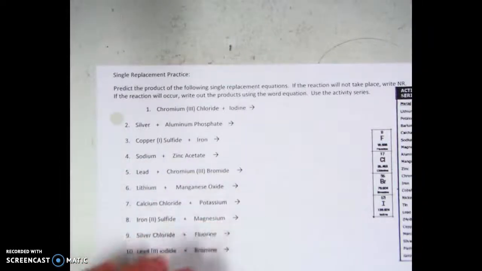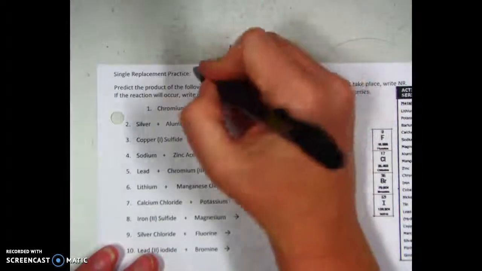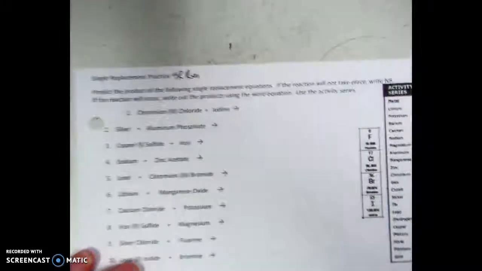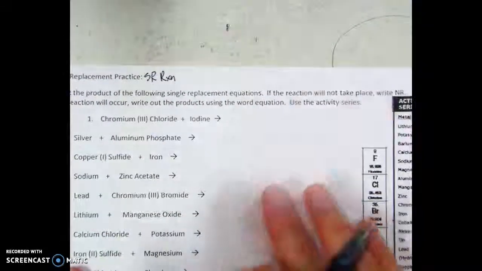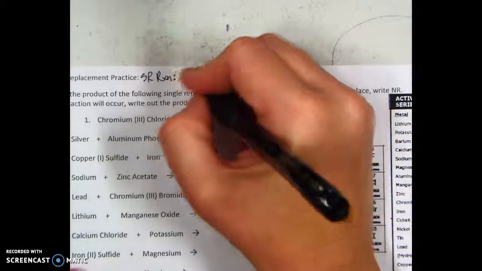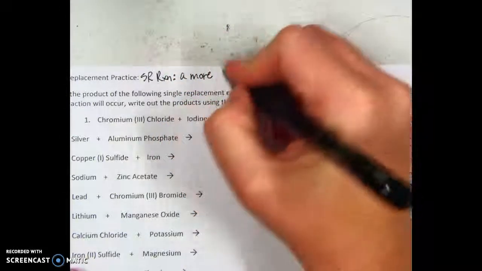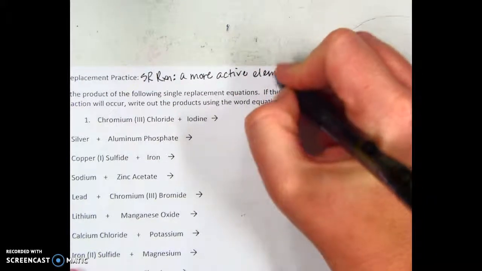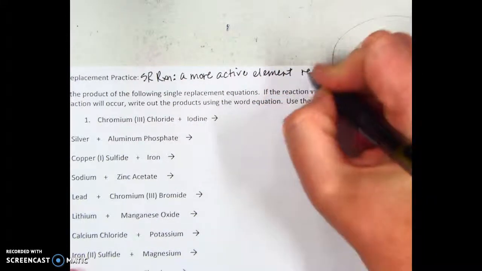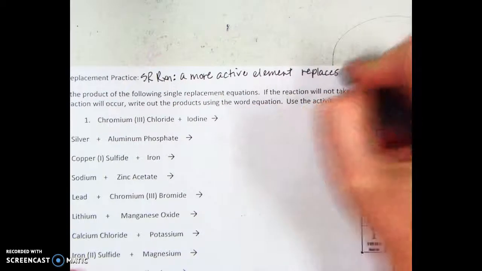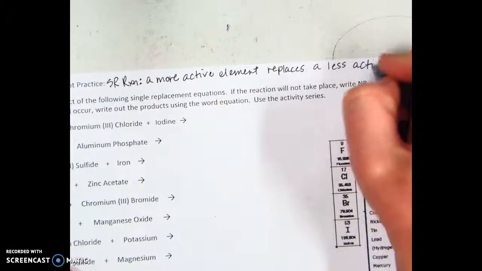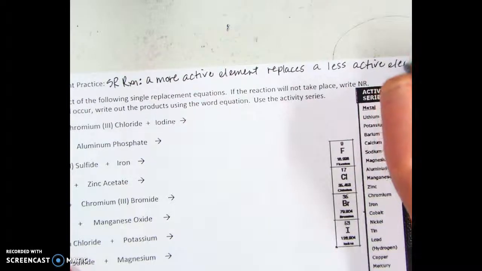So our notes are here. Let's write the definition of a single replacement reaction. I'll zoom in for you. A single replacement reaction: a more active element replaces a less active element.